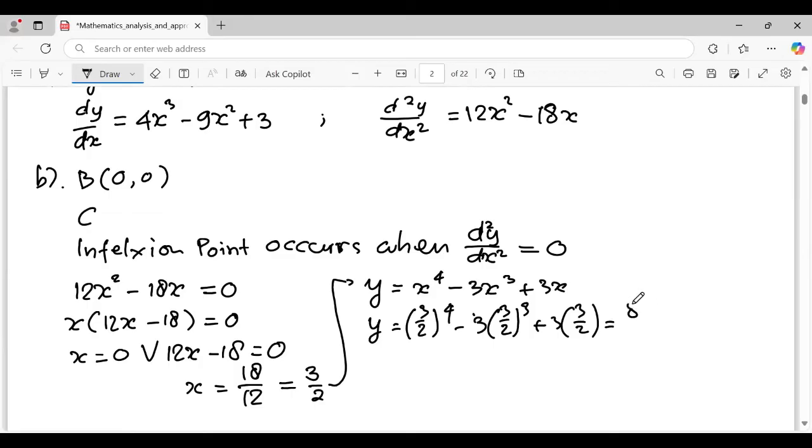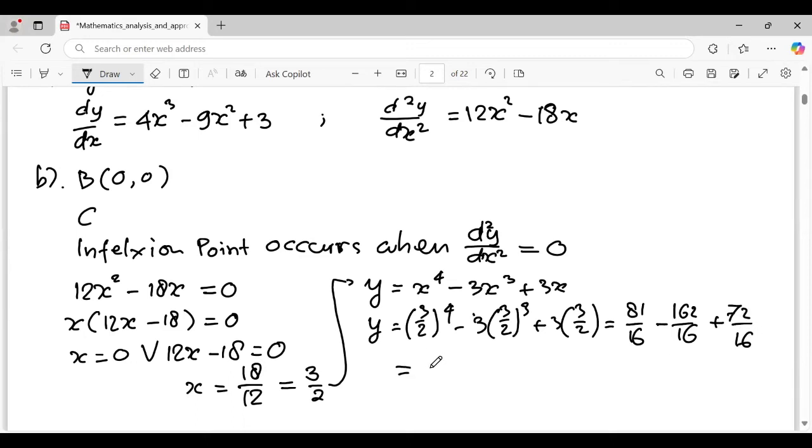It is 81 over 16 minus 162 over 16 plus 72 over 16, 9 times 8.